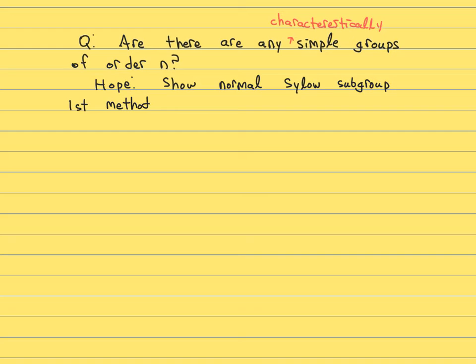Overall, there's about 5 methods. And by methods, I mean outside of the first method, which is to just use the Sylow theorems directly and immediately get that one of the numbers has to be 1.